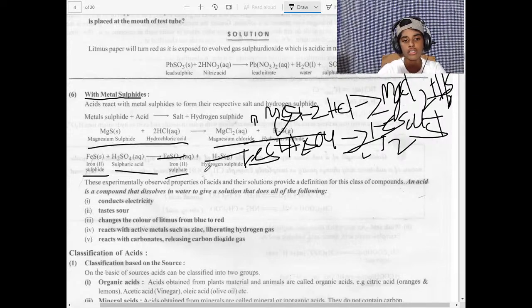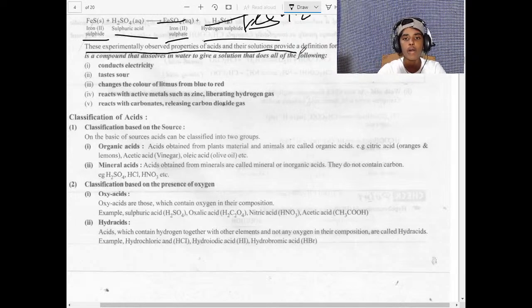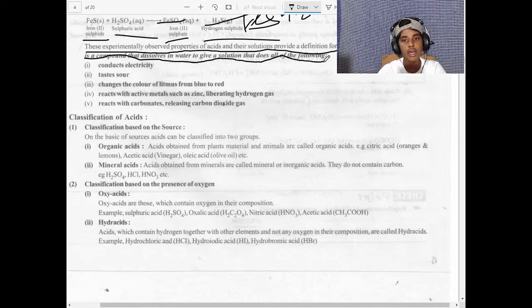H2S means hydrogen sulfide. These experimentally observed properties of acid solutions provide a definition for this class of compounds. An acid is a compound that dissolves in water to give a solution that does all the following. First, conducts electricity.